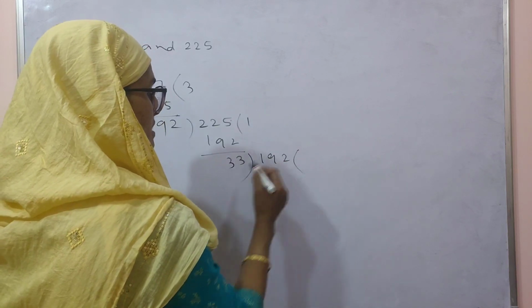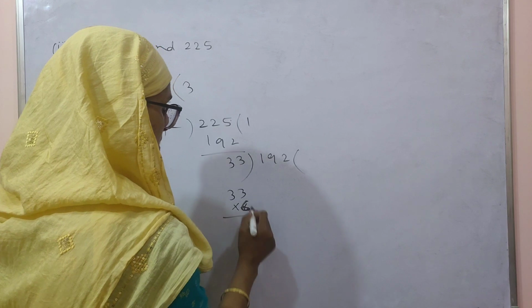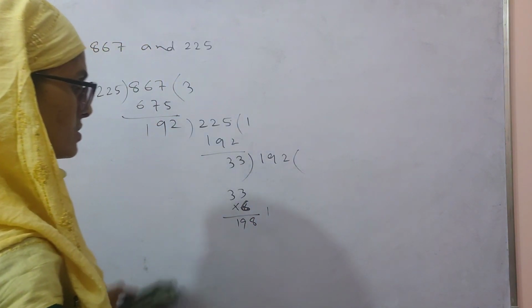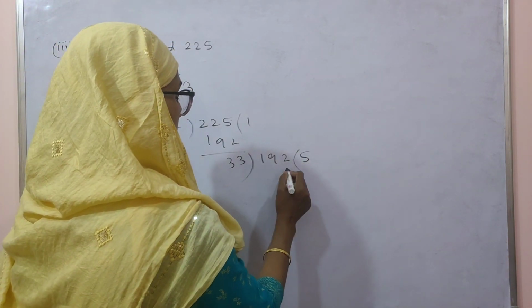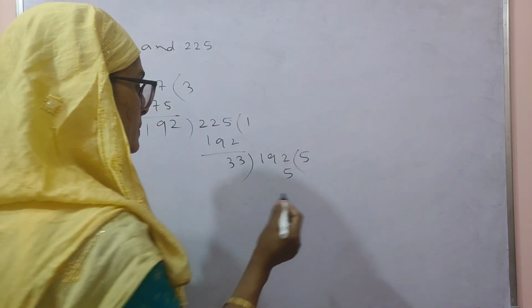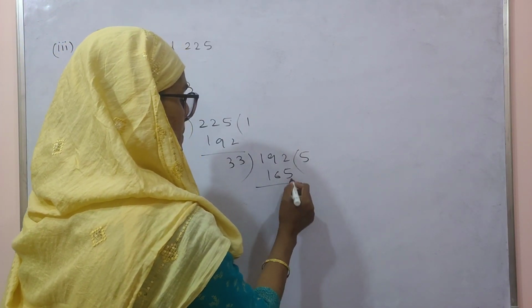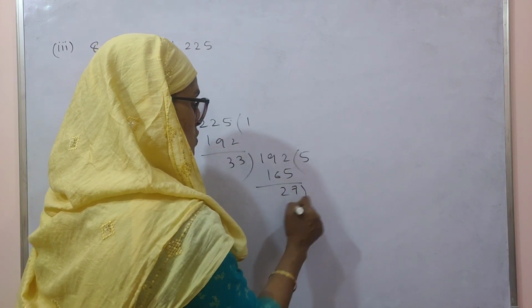How many times? 33 into 6 is 198, so more. 5 times: 5 threes are 15, 1 carry, 5 threes are 15, 1 is 16, so 165. Now subtract: 12 minus 5 is 7. Here 8, 8 minus 6 is 2.